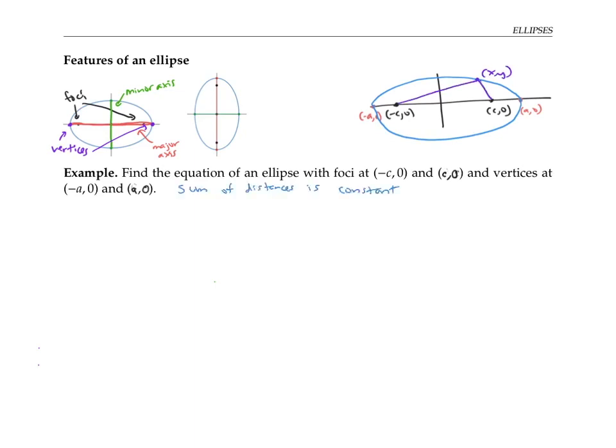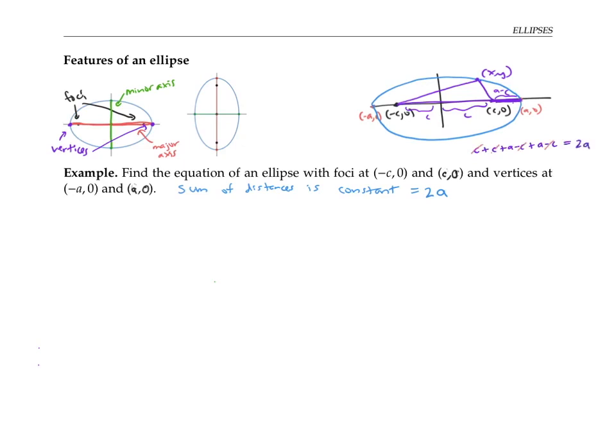And in fact, it turns out that constant has to equal 2a. I'll show you why. If you look at this point right here on the far right tip of the ellipse, its distance from the first focus is going to be 2c plus a minus c, and its distance from the second focus is just going to be a minus c. If you add up c plus a, plus a minus c, you get exactly 2a.